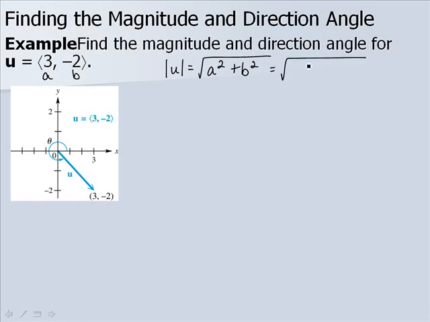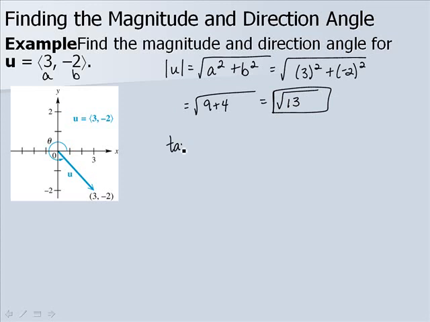So here we have the square root of 3 squared plus negative 2 squared, or the square root of 9 plus 4, which gives us a value square root of 13. Our direction angle is the tangent of theta is equal to b over a, or in this case negative 2/3. So theta is then the inverse tangent of negative 2/3.